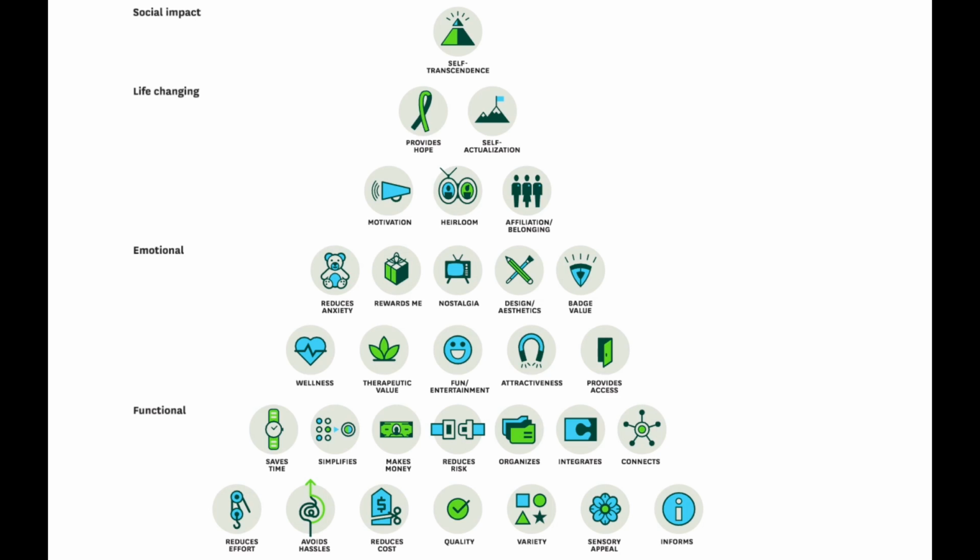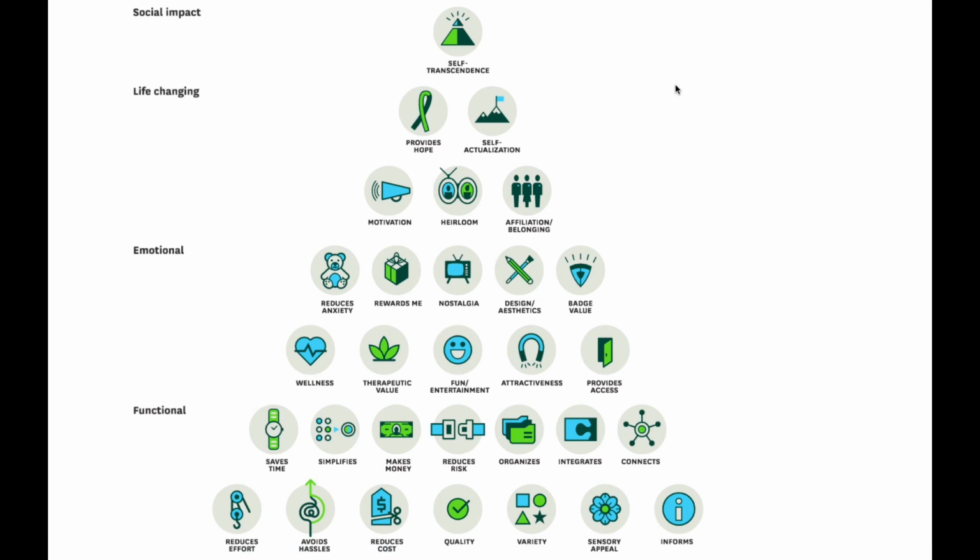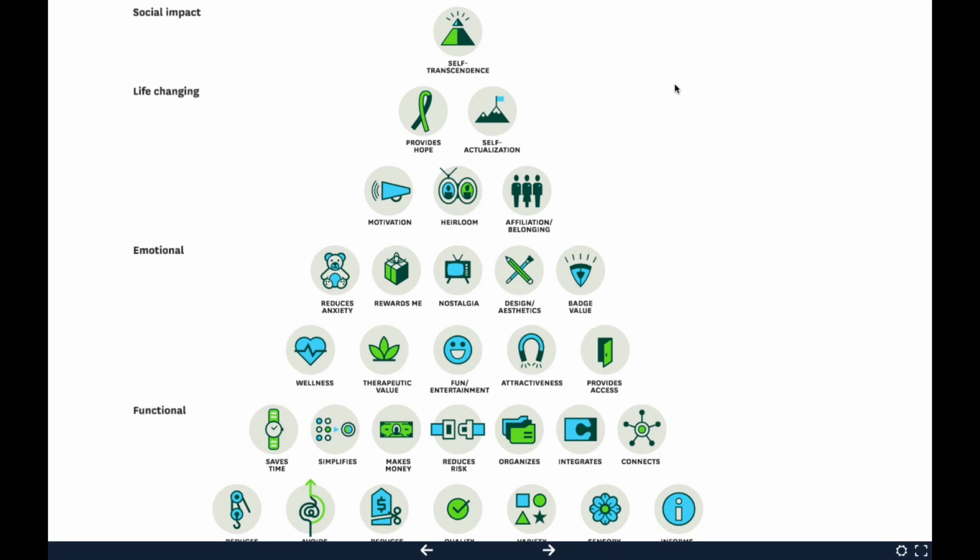Some of them are very functional. Some of them are a little like what we just touched upon. If you want your coffee really quickly, or it's absolutely essential that the quality is there, but it could also be that there are other aspects like could you create more sort of a belonging to a brand, or if we are talking healthcare apps, maybe you would even be at the top of the pyramid here.